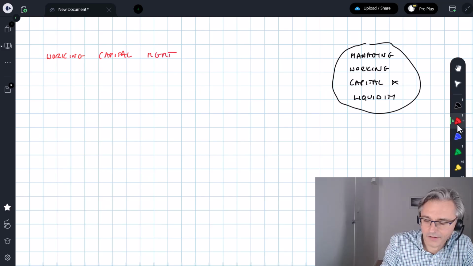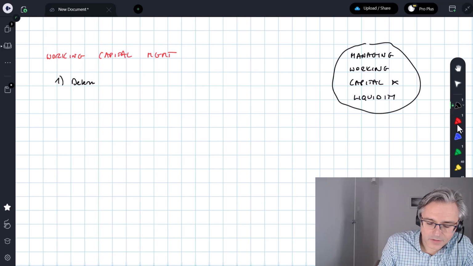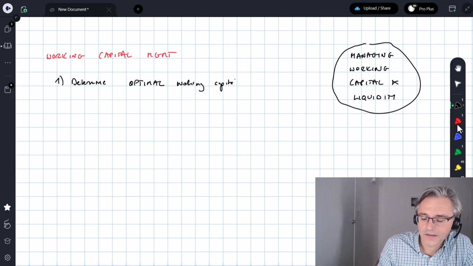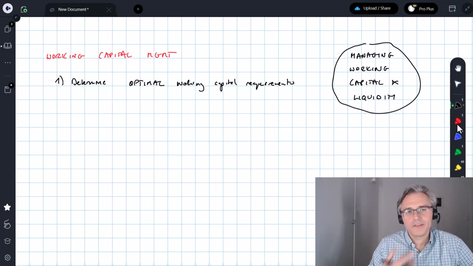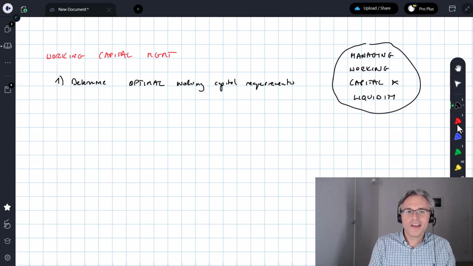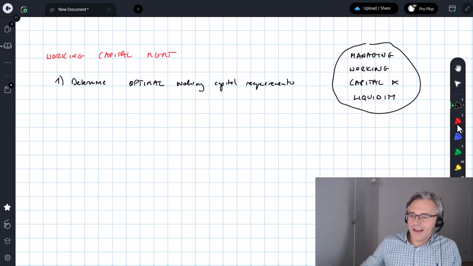It's, on the one hand, establishing your optimal level of working capital, optimal working capital levels or working capital needs, requirements. And in a moment we'll talk about different approaches to this, because your book outlines 3 different approaches: conservative, aggressive, and sort of moderate.